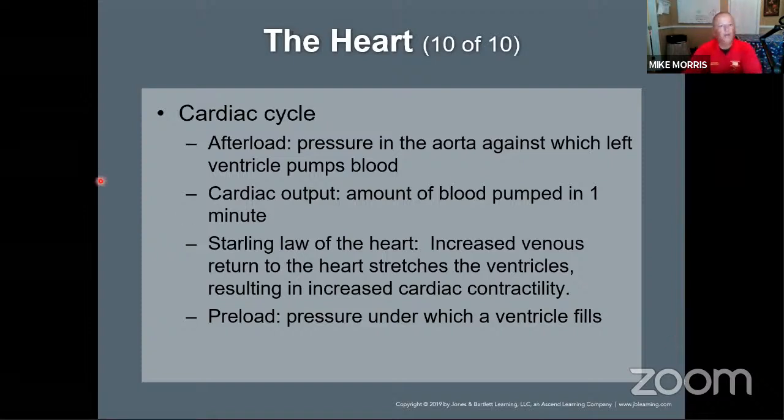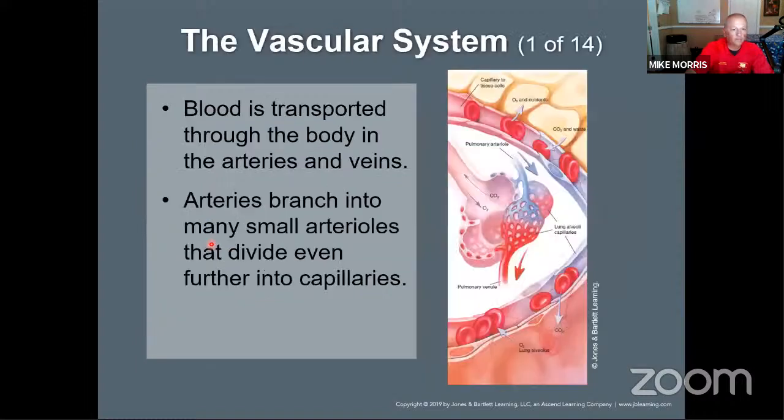All right, guys, we're back here. So we did mention afterload. We know about Frank Starling. We know about preload. See, a lot of this book is to take somebody from 0 to AEMT.